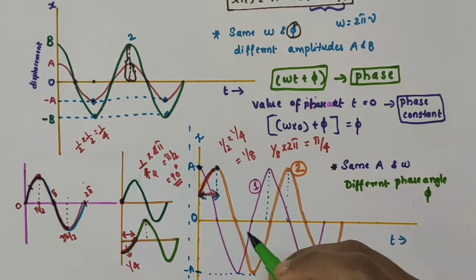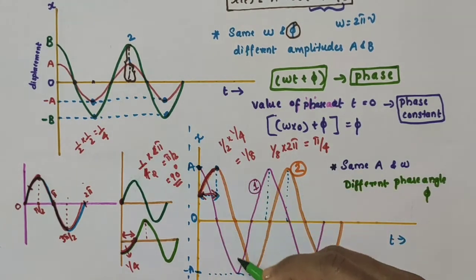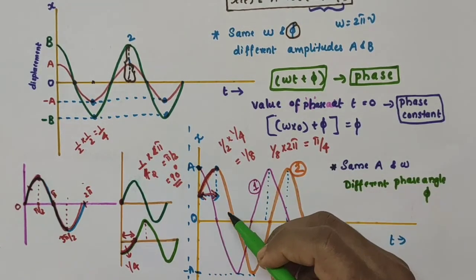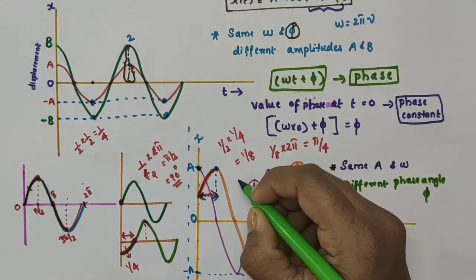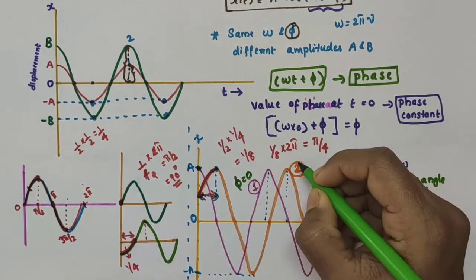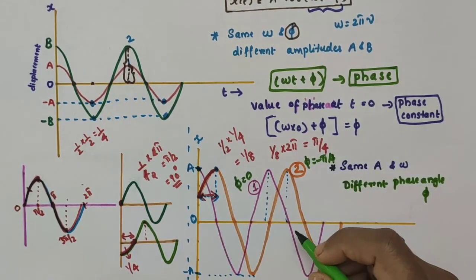So here the two curves, this pink colored one is taken as 1 and this orange colored one is taken as 2. The two curves 1 and 2 are for phi equal to 0 and phi equal to minus pi by 4 respectively.